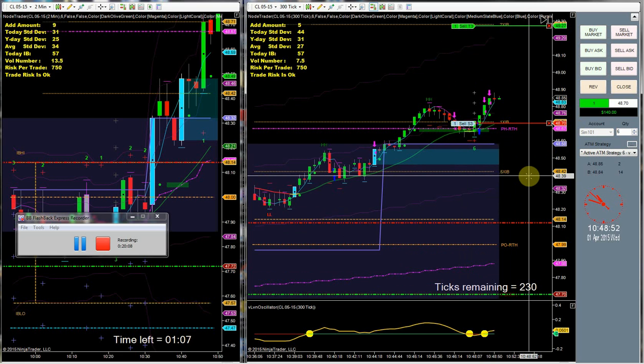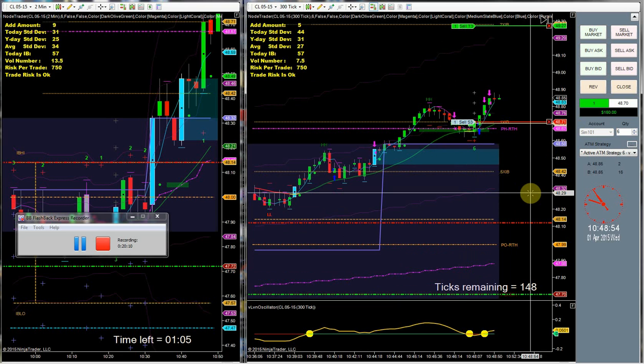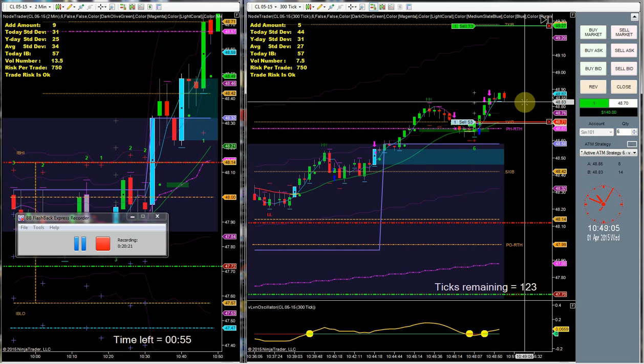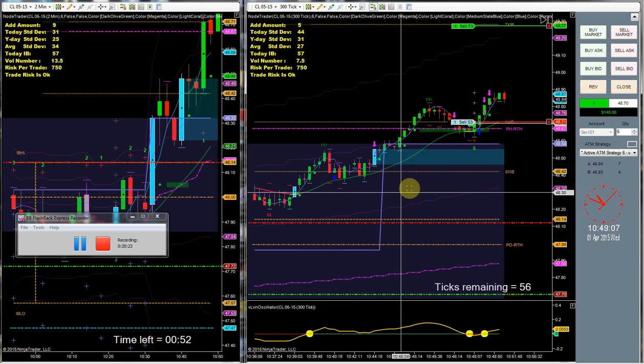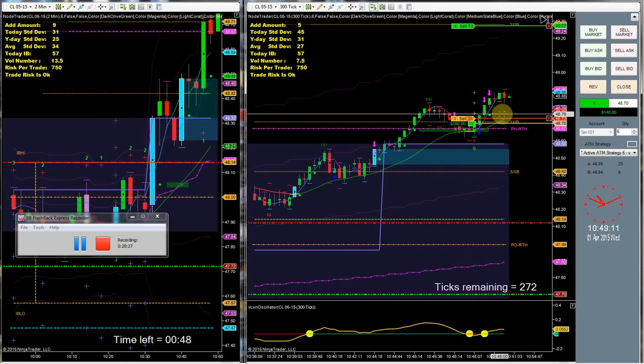Right now we're at break even plus 1. This isn't a trailing print. Trailing prints are going to be red. Put this right beneath that. Alright, got our first trailing print right here.